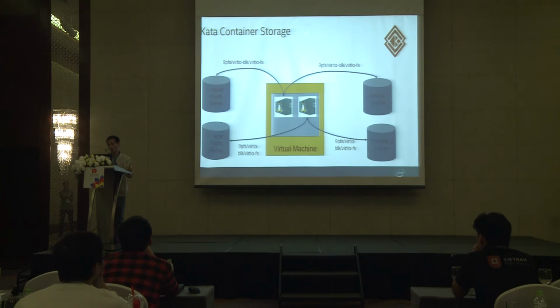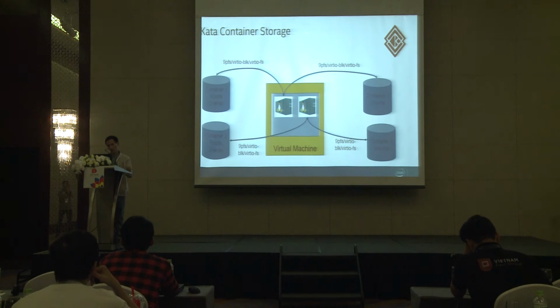This is pretty straightforward and easy for the traditional container, because both the container and the host are sharing the same host kernel. It doesn't work in Kata container, because in Kata container the container is actually running in the virtual machine. So how are we going to mount the container image in the virtual machine?